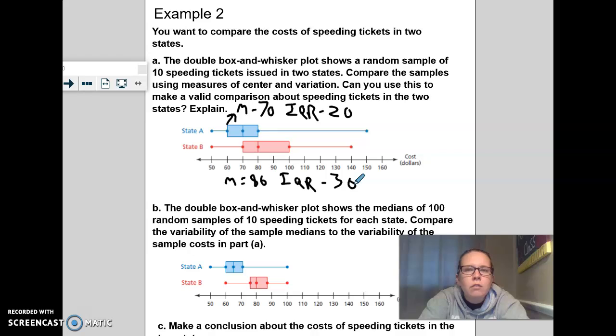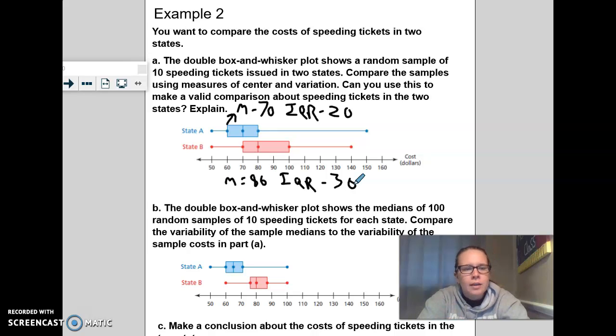So can you use this to make a valid comparison about speeding tickets in the 2 states? State A has a median of about $70, and the IQR means the range, so it could range from $20 less than that or $20 higher than that.